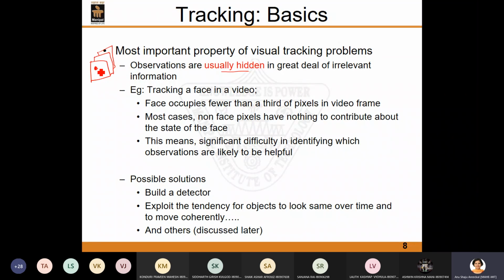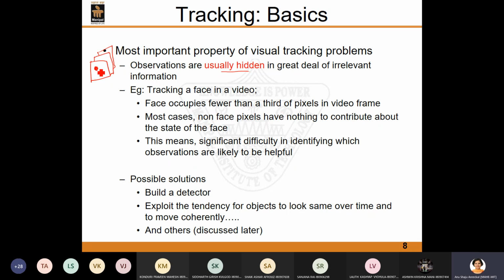So when the position is changing, we are trying to find out how exactly this object is moving. Now the actual region of interest for us is only this much, but the image is this much.